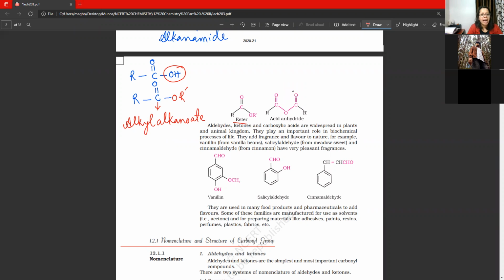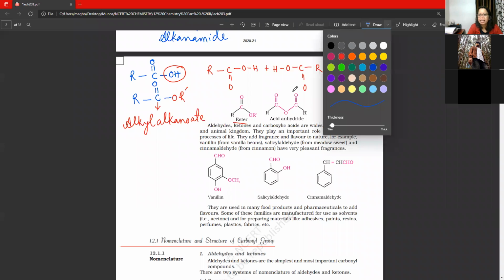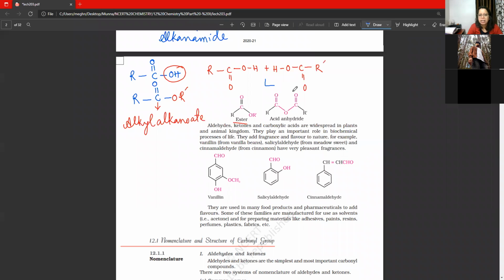And last is two molecules of carboxylic acid. So if you take two molecules of carboxylic acid and heat, it may be the same carboxylic acid, it may be a different carboxylic acid. But on heating, what will happen?